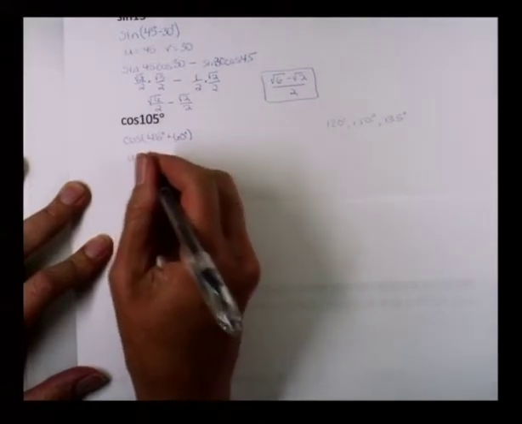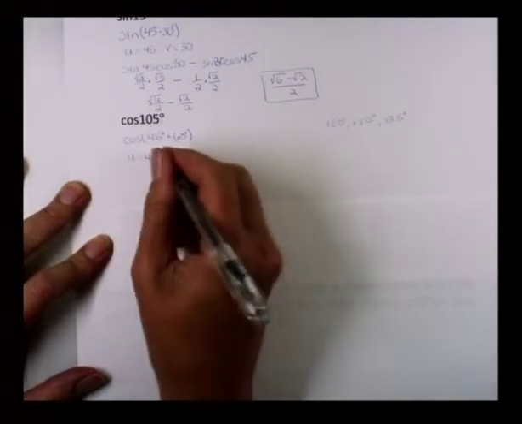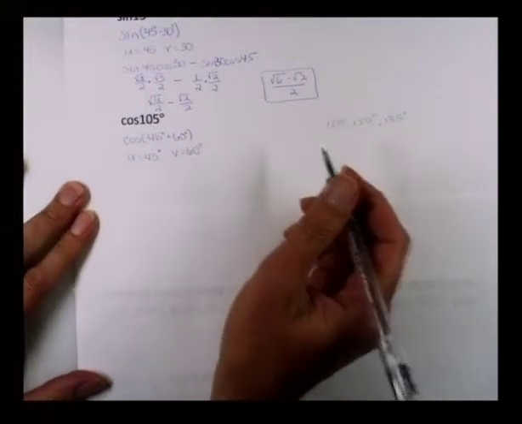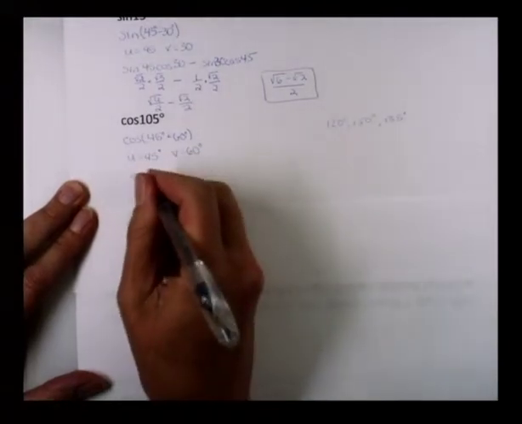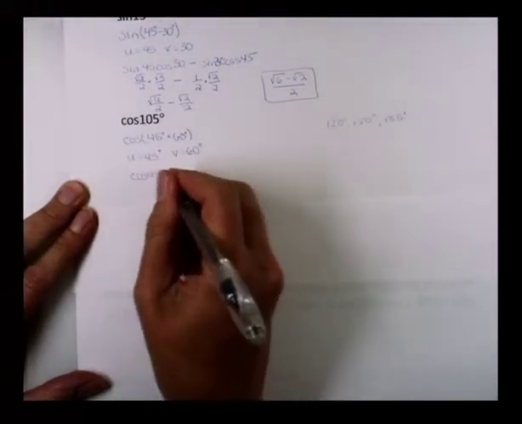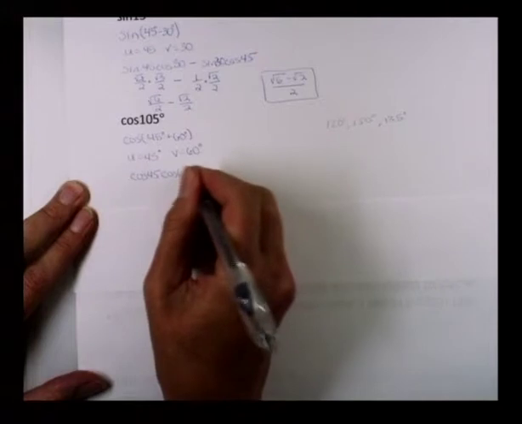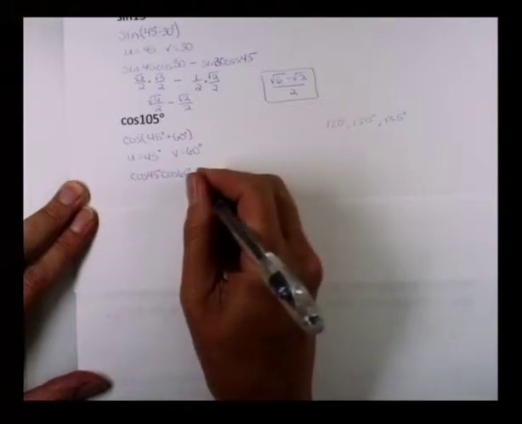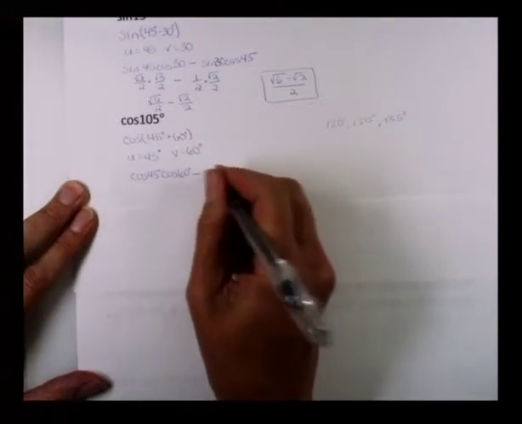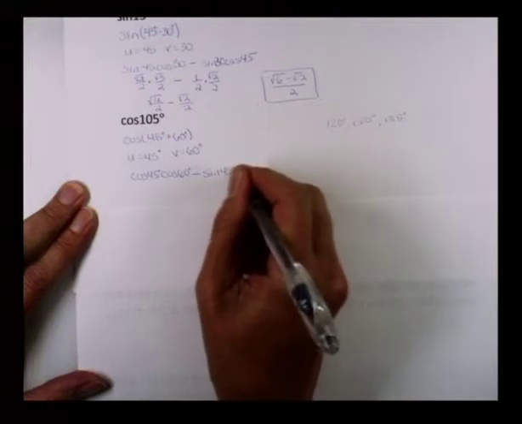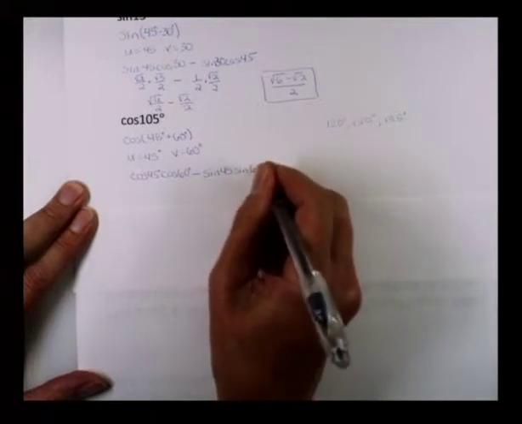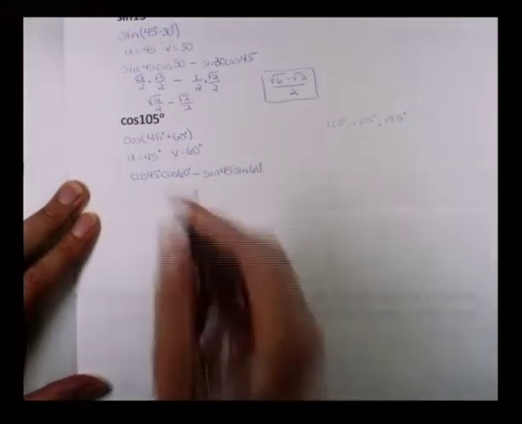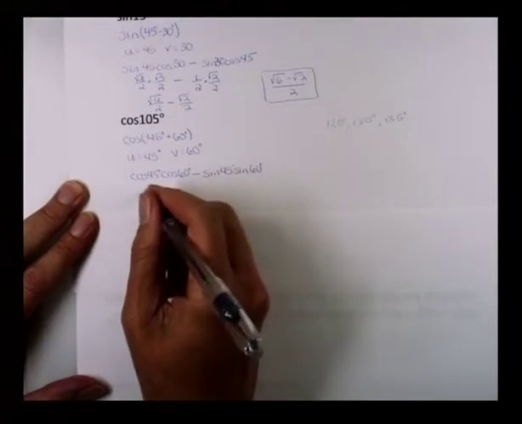So my u value is 45, my v value is 60. I'm going to substitute that into the formula I have, and I have cosine 45 cosine 60 minus sine 45 sine of 60. So the cosine of 45, I'm just going to plug in the values for these.